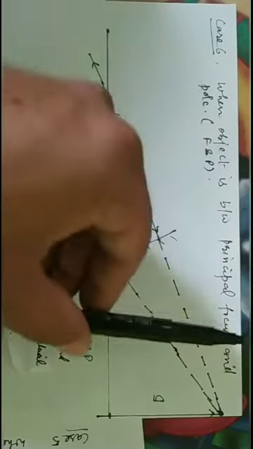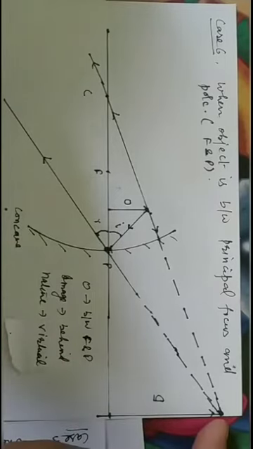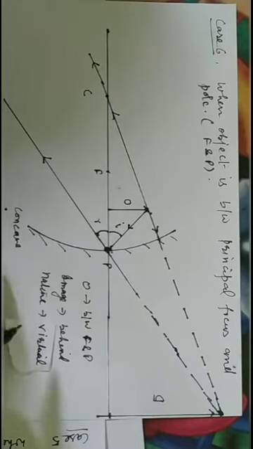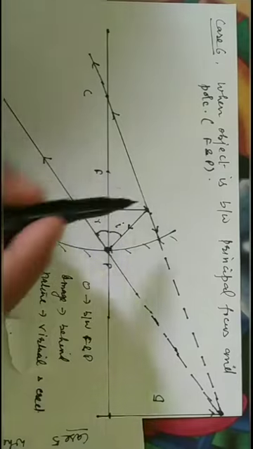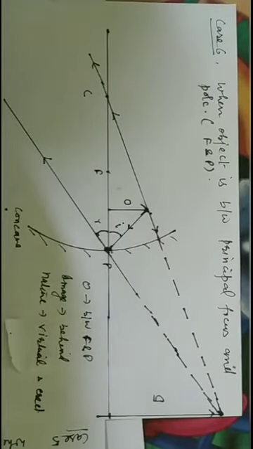No ray has crossed this mirror, but it appears to us that these two reflected rays are coming from this point, though actually the rays have not crossed the mirror. That is why the nature of the image is virtual, and a virtual image is erect. From here you can see the arrow is upward, here also the arrow is upward. So it is an erect image. And what is its size?